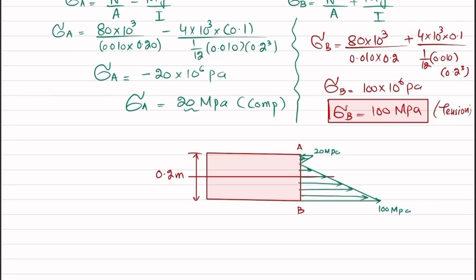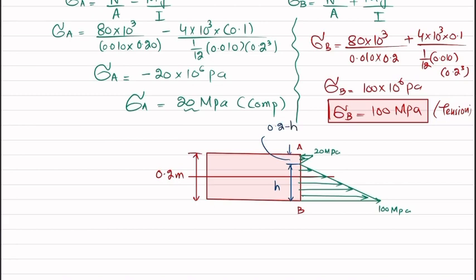Now you can see that this is the line where the stress is zero. So this is actually the neutral axis. In order to find the distance of the neutral axis, if this is the total height 0.2 and let this distance be h, then the remaining distance will be equal to 0.2 minus h.